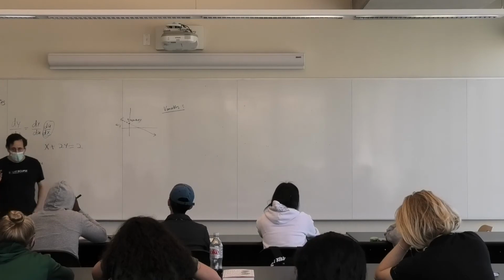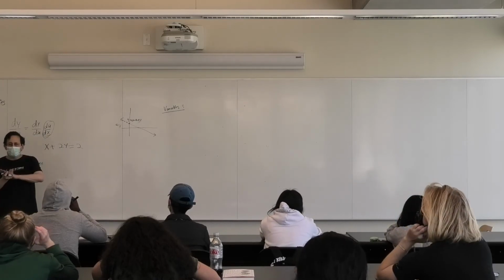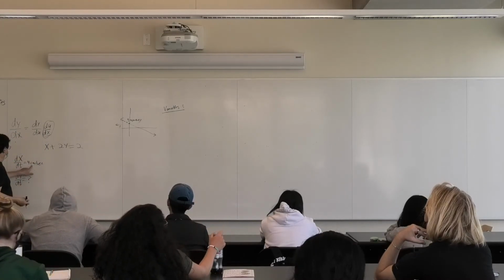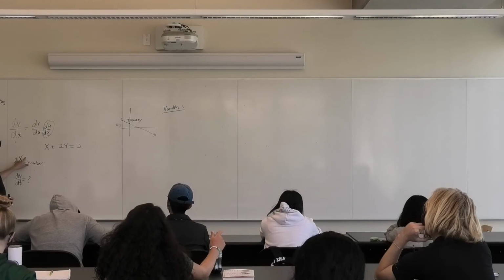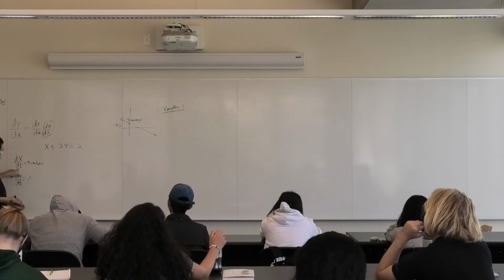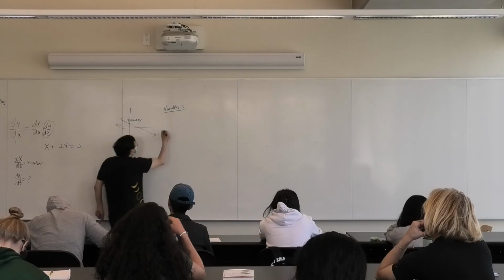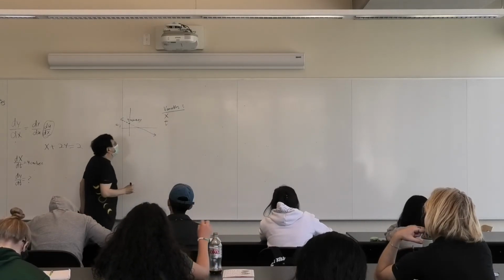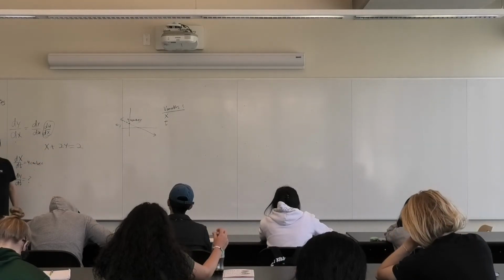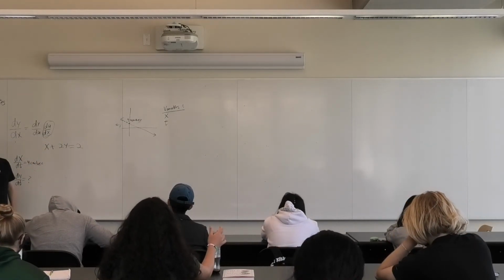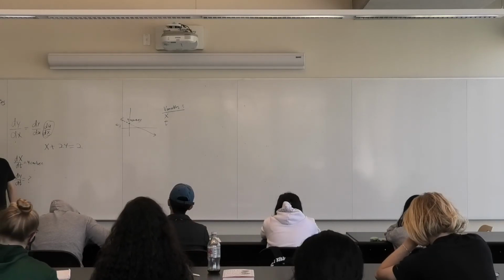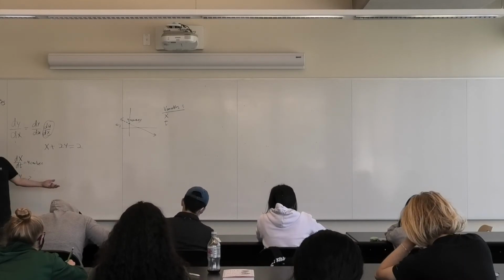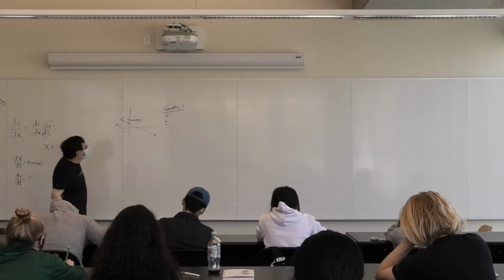Again, that's a rate, that's two variables, right? Centimeters in the x direction, in time. So we got the x, and we got the time. And what's the other variable? Yeah, y.